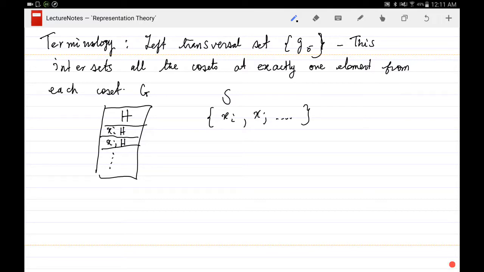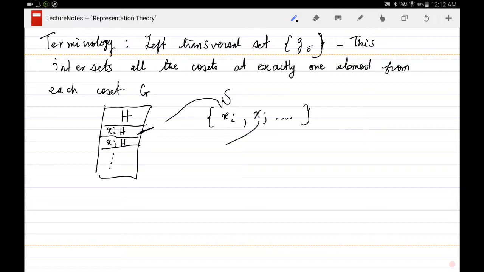You can see that in the intersection of S and a coset, xi comes from this coset, and there is no other element in S that comes from this coset apart from xi.